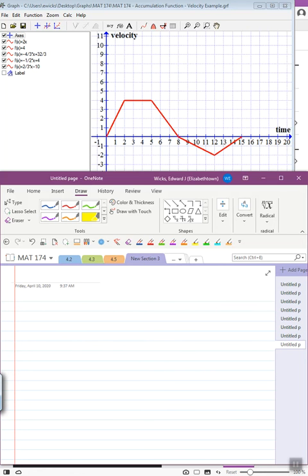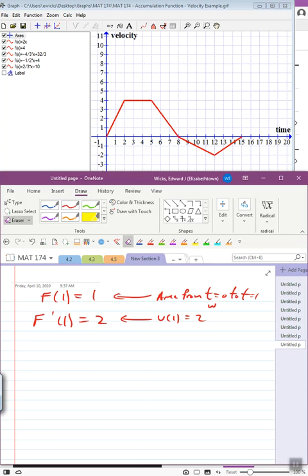Let's ask you, okay, what did you say f of 1 was? You said that was 1, and you said f prime of 1 was 2. Okay, this one was because v of 1 was 2. This one was because the area from t equals 0 to t equals 1 is 1.